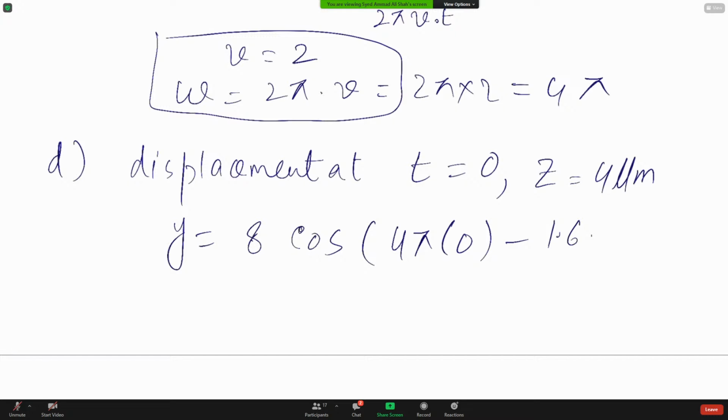So that's 8 cos of minus 6.4 pi. I'm just doing it quickly so we can spend more time on the other questions, next 1, 2, 3. This one was straightforward. You were given z at t equal to 0. You put both values and you get your answer.